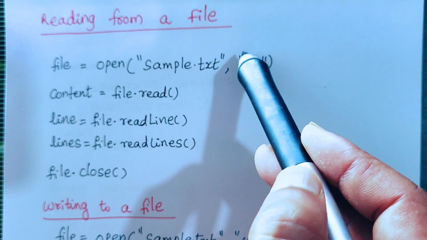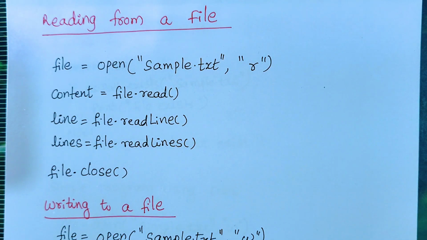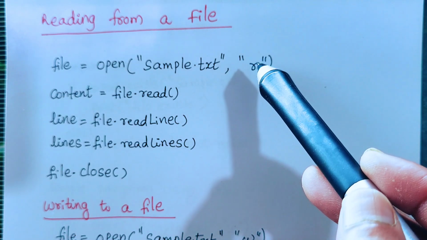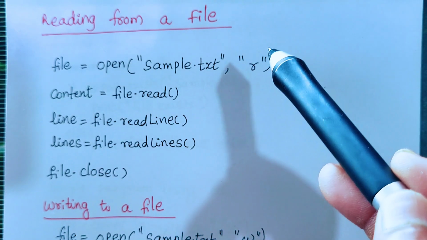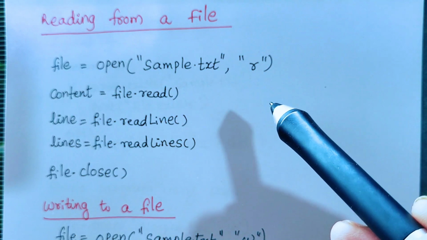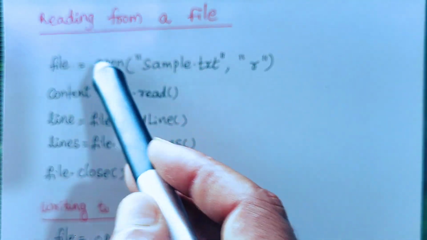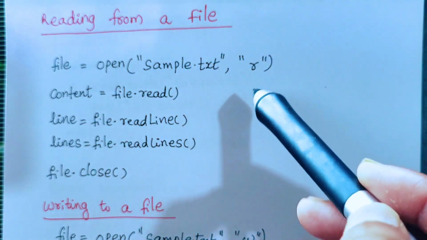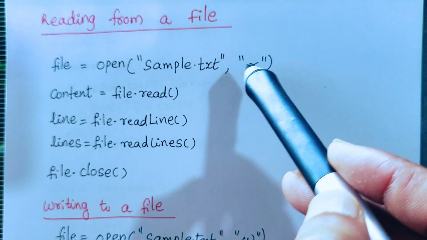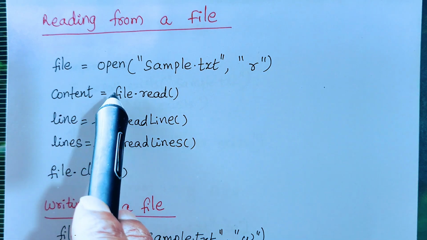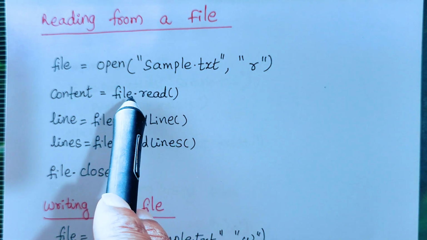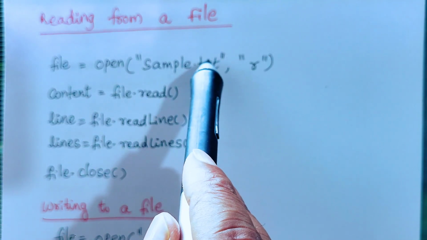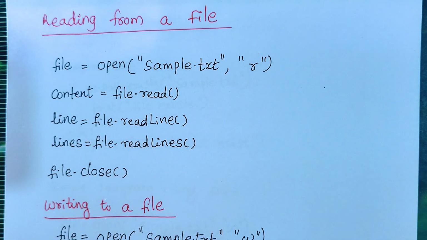I have declared the mode as R. There are different modes: read, write, append, R plus, W plus and X. But if you want to read a file, you must use R here. Content is equal to file.read. This file contains the sample.txt file.